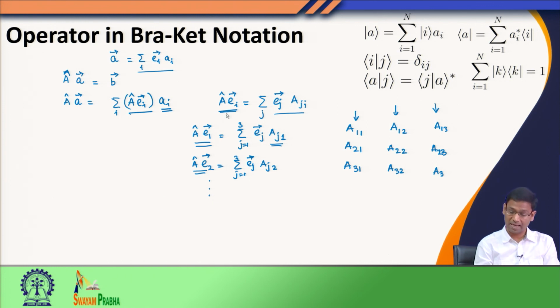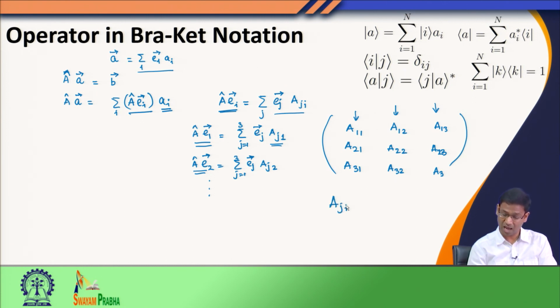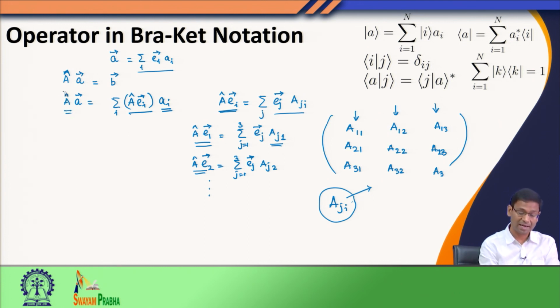Now, when I see that together, I have these A_ji, which form a 3 by 3 matrix, where the matrix elements essentially express the action of this operator on a vector. So, what we have done is that in this new notation we can redefine our operator A in terms of some matrix elements A_ji.